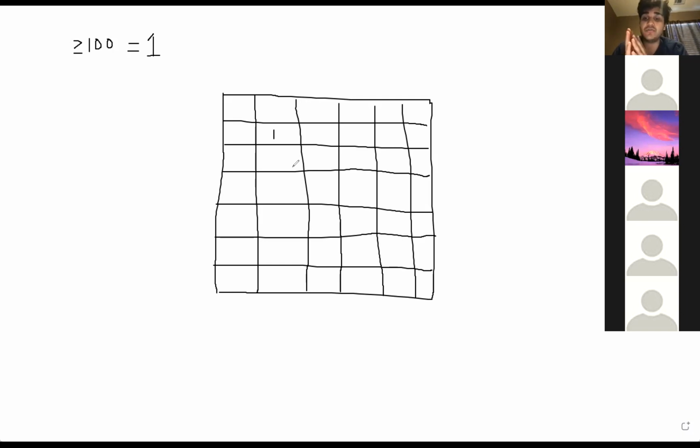So if we count, in our problem currently, the number of subgrids that are all ones with this transformation, then we want to subtract out what kind of subgrids? How would you define what we want to subtract out?